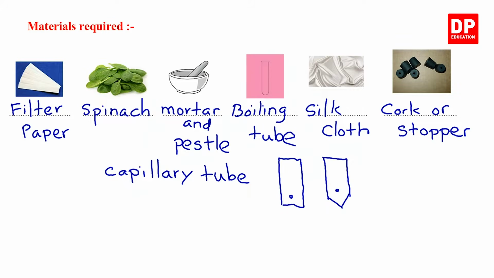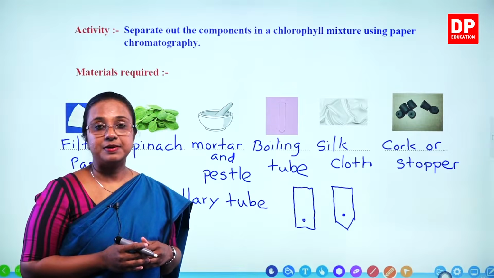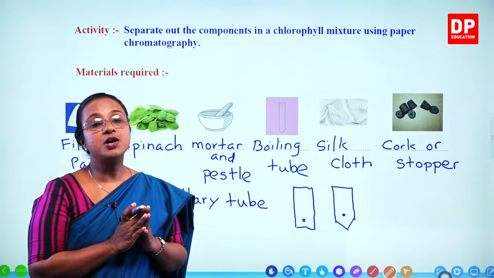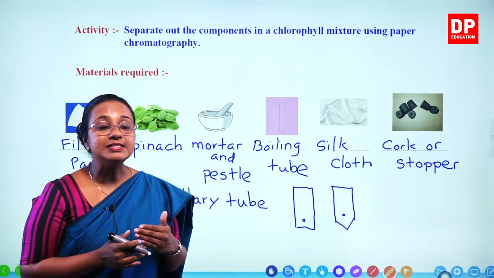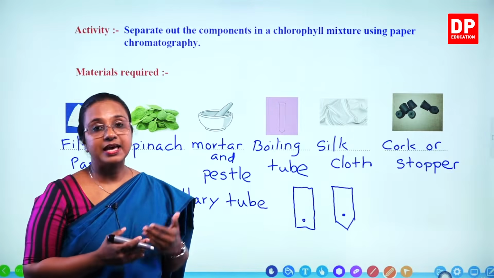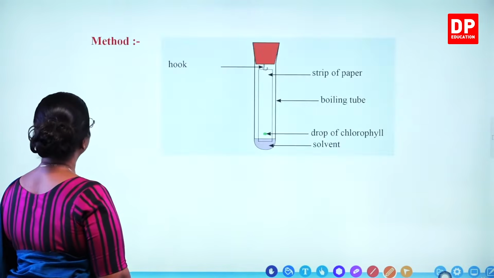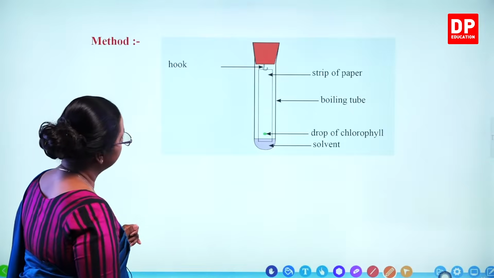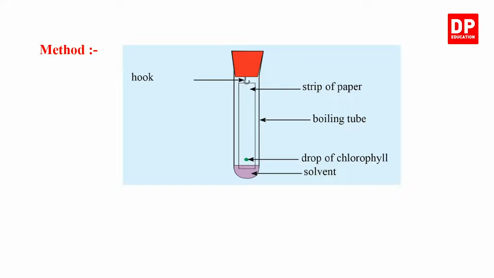So thereafter, we close the stopper holding the filter paper and stand it for some time. And when you observe, you will see how the pigments get separated. I will go through the procedure again. The method. As you can see here, we have the stopper, then we have a hook to attach the strip of paper.